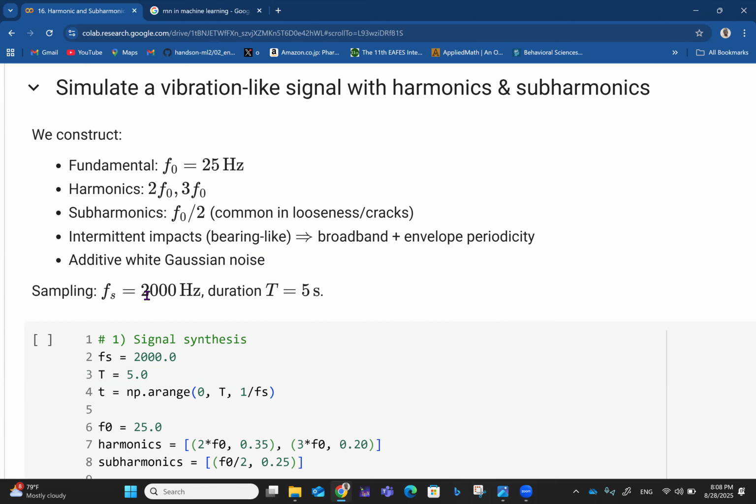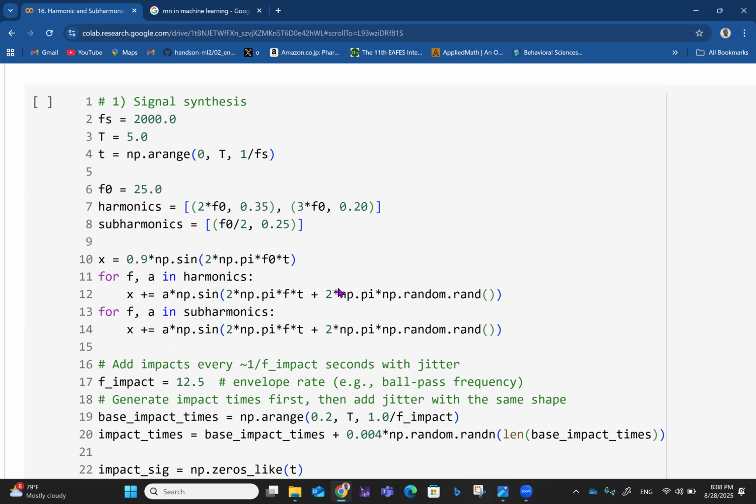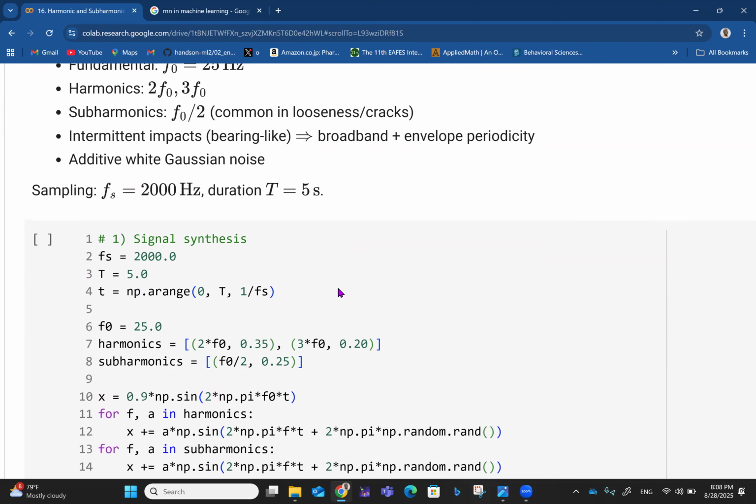Talking about the sampling now, we have a sampling frequency of 2000 and a duration of 5 seconds. Based on the fundamental thing we had done before, we can go ahead and declare fs is 2000, just like what we see now. T, that's the duration, is 5.0. The time will now be from 0 to T, in steps of 1 over fs, that's 1 over 2000, over this 0 to 5.